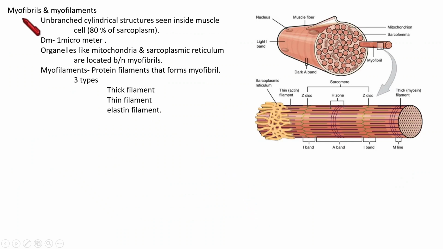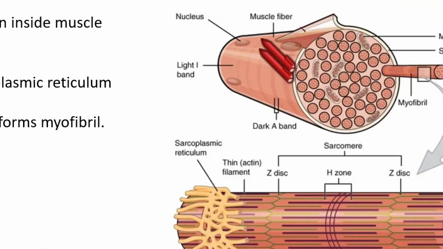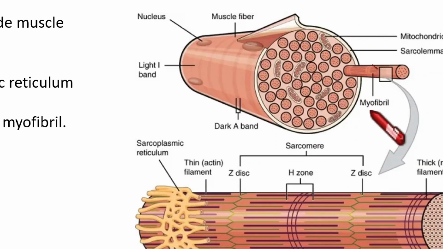Okay. Next, another two important terms, myofibrils and myofilaments. Similar to all other types of cells, this muscle cell also contains many internal structures, organelles. The name of that structure is myofibrils. As we look at this picture, this is one muscle cell or muscle fiber, and inside it we can see so many myofibrils.